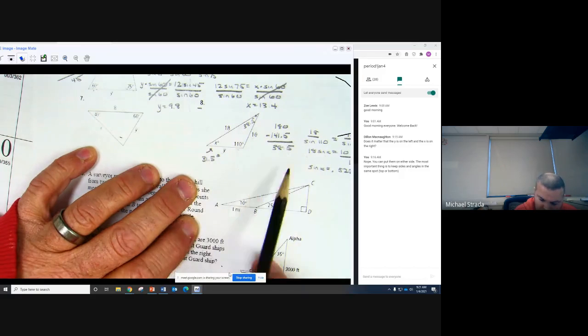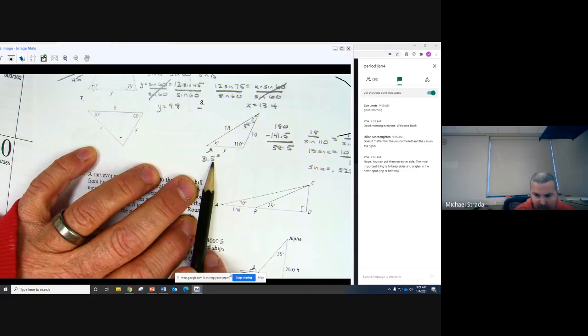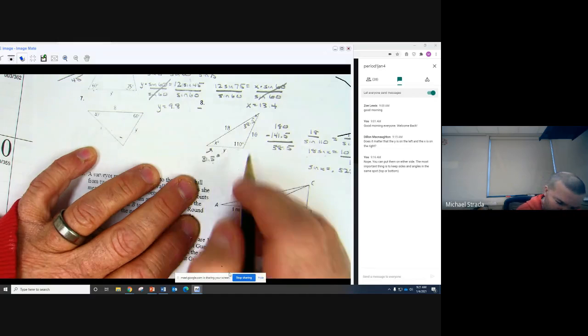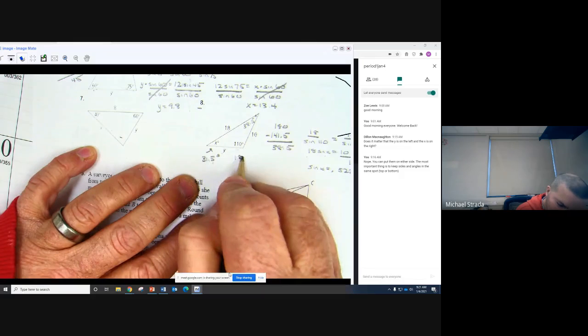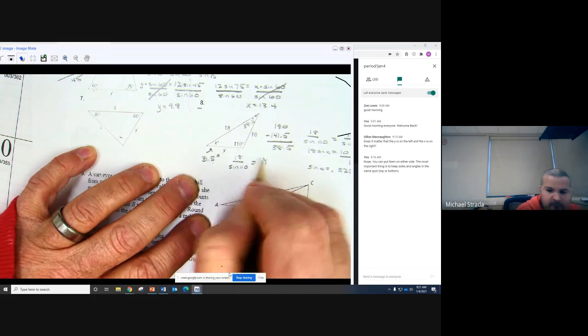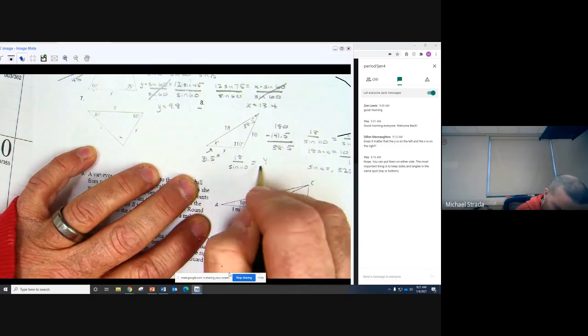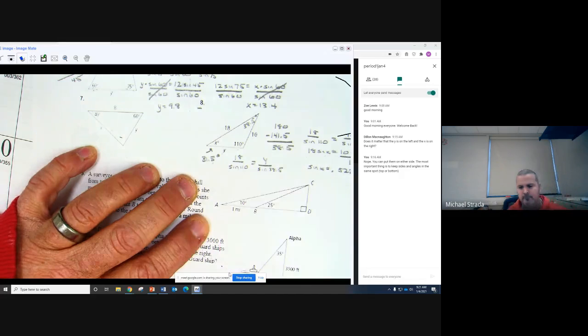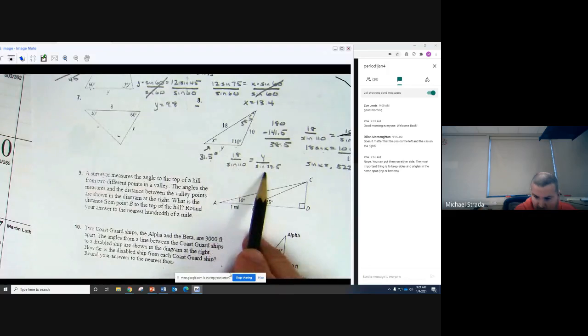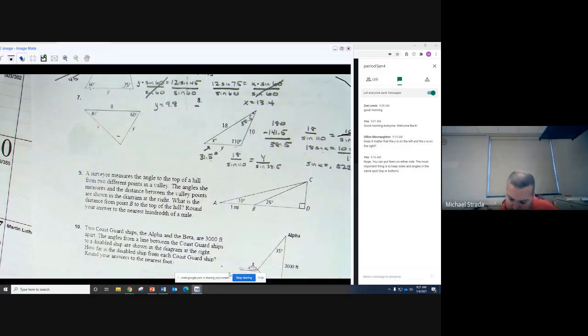You can either pick your newly found 31.5 and the 10, or you can go back to 18 and 110. It's not going to matter. So 18 over sine 110 equals y, the missing side length, over the sine of 38.5.